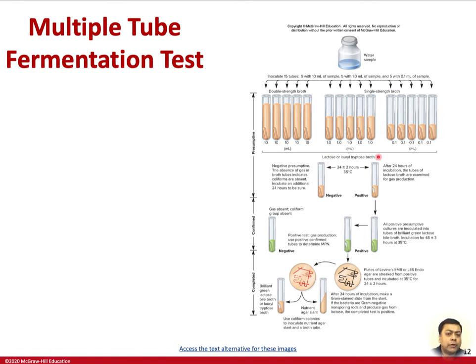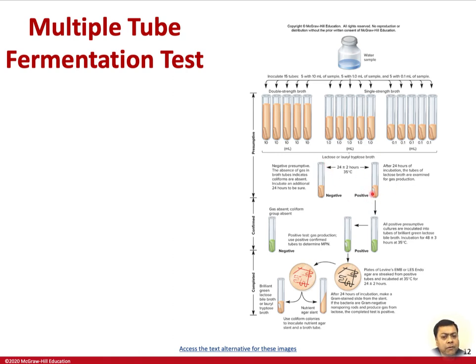So now you incubate them at 35 to 37 degrees Celsius for 24 hours. And then if you do not see any gas in here, then there is no indication of gas formation, so probably it is not contaminated, or there is no coliform present.